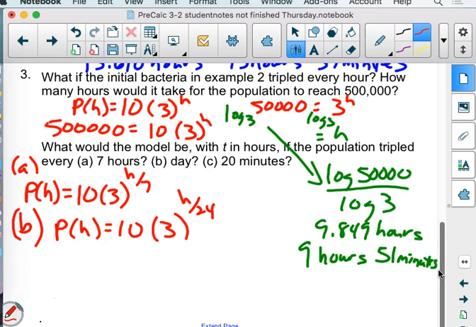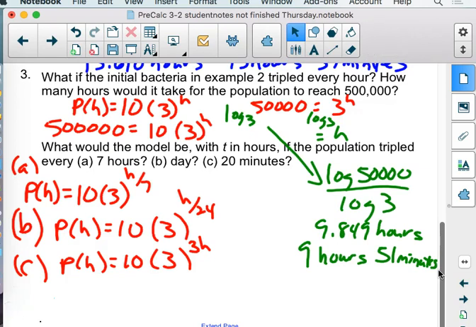Well, this one might be a little tougher because it's kind of thinking backwards here. 20 minutes in hours? How many 20-minute periods are there? So this is going to be 3H. It's just thinking back. For a while we've had to cut things up to get our time periods, but with that one, we had to multiply to go the other way.